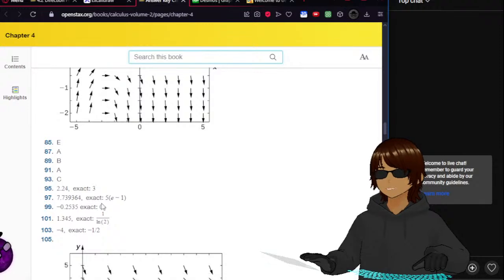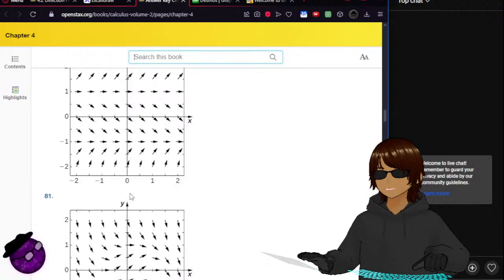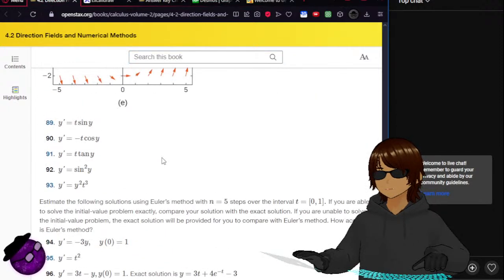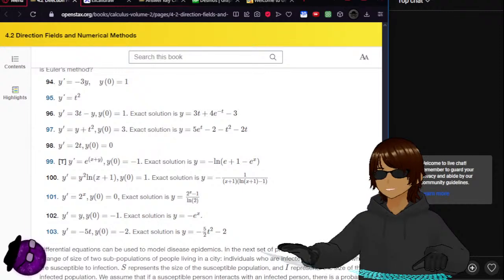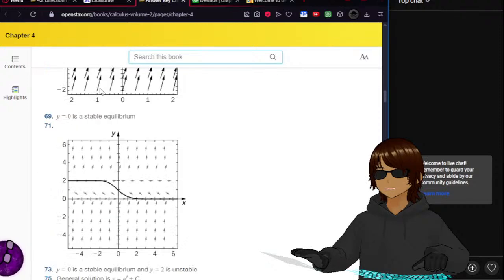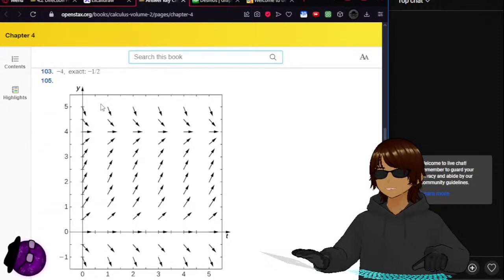What is this exactly? On the right path. Question 97, section 4.2 exercises.